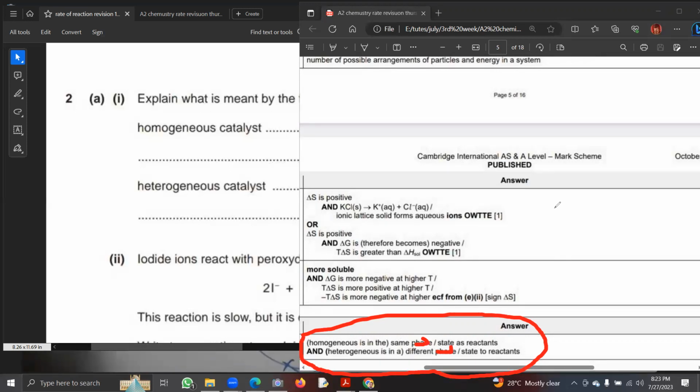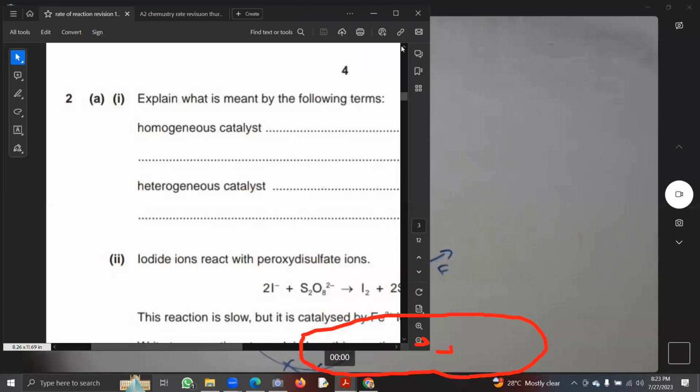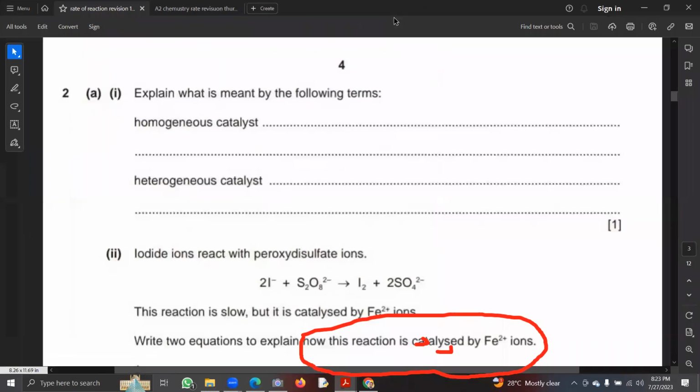State is better than phase because it's safe.